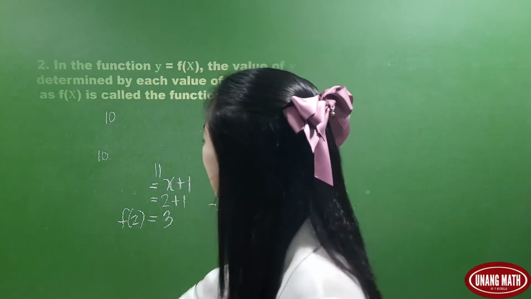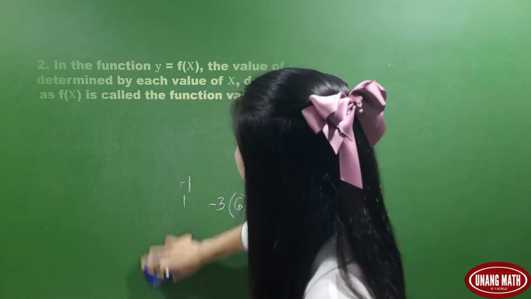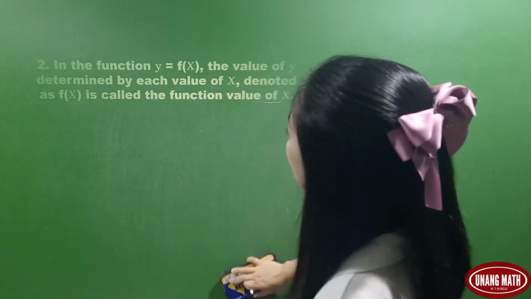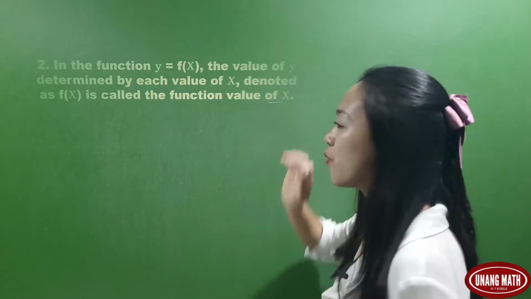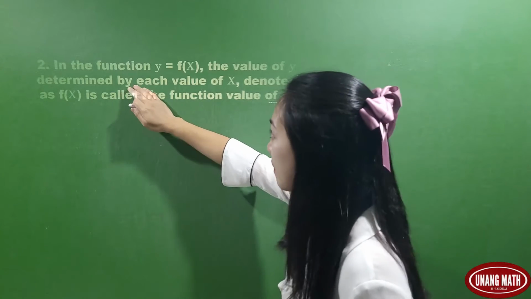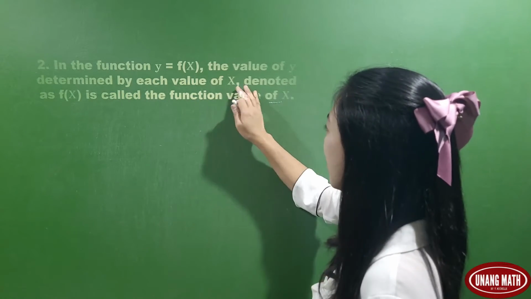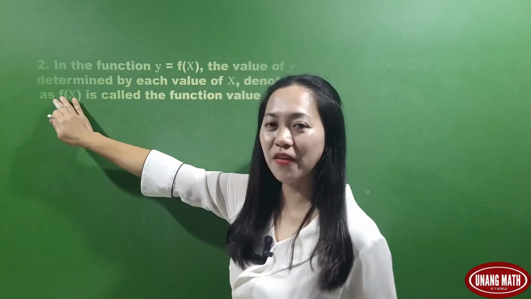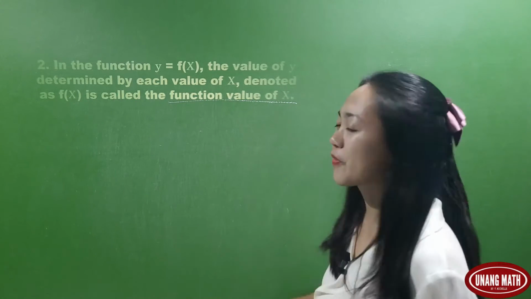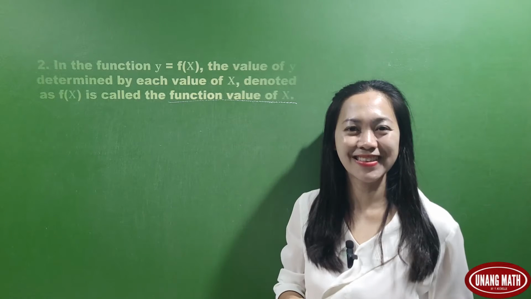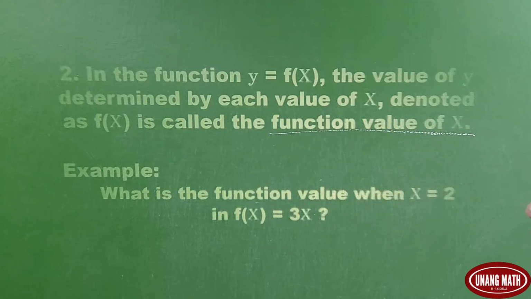Okay, from those examples, we can say that in the function y is equal to f of x, the value of y determined by each value of x, denoted as f of x, is called the function value of x. Okay, let's give another example.